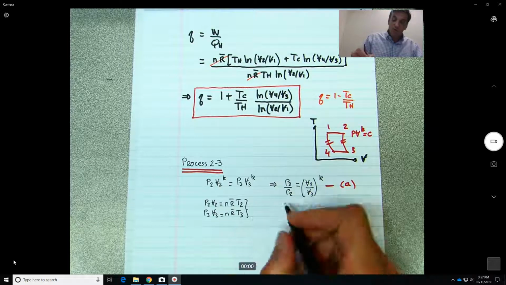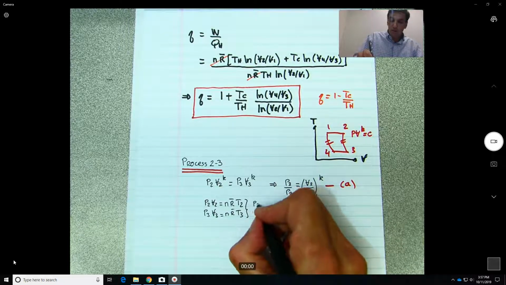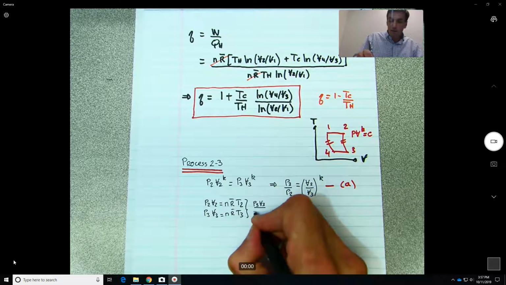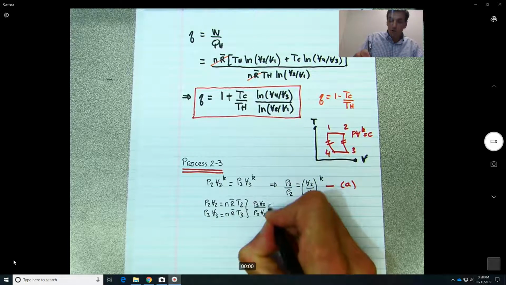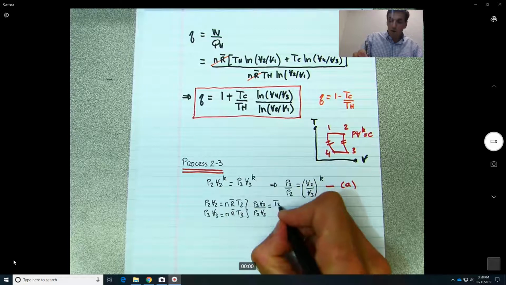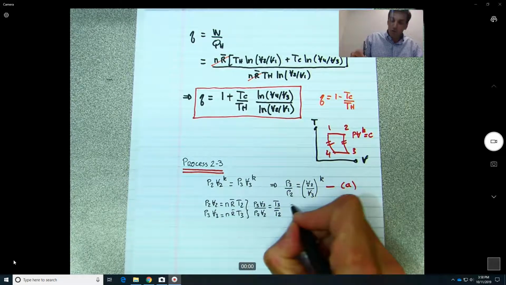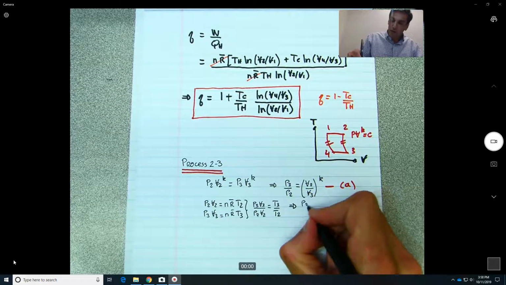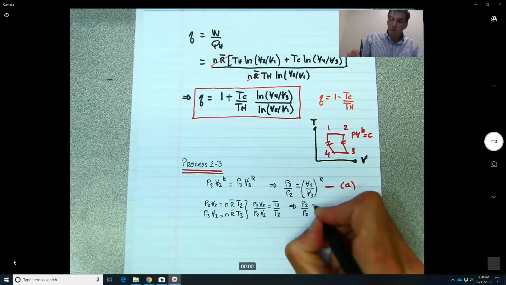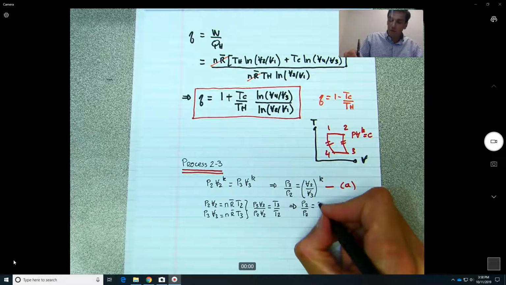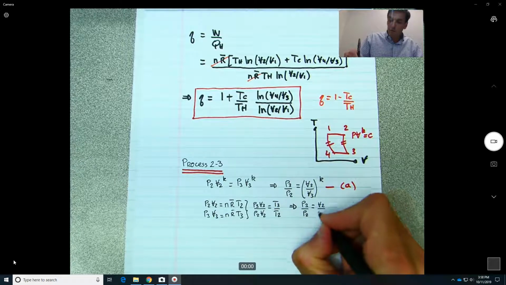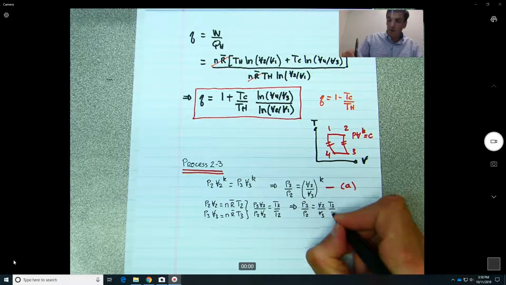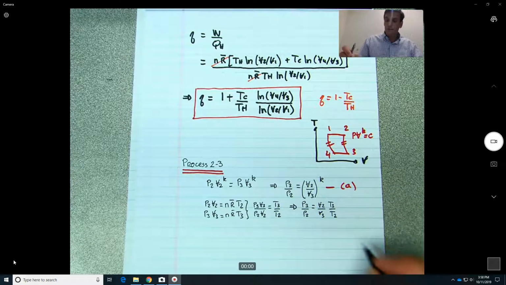So from these two equations we can get what? P3 V3 divided by P2 V2 will be equal to T3 over T2, or we can get the relation P3 over P2 will be equal to V2 over V3 times T3 over T2. Okay?